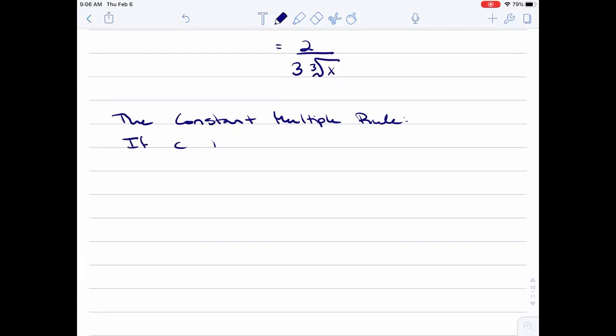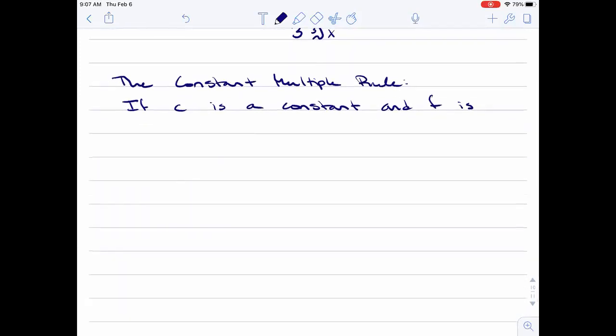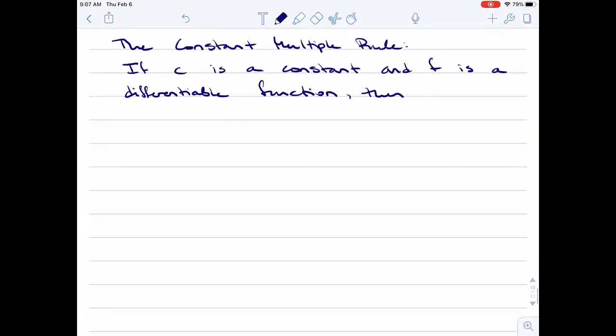If c is a constant, and f is a differentiable function, then we can say that if we take the derivative with respect to x of something like c times f of x, we can rewrite that as c times d dx of f of x.